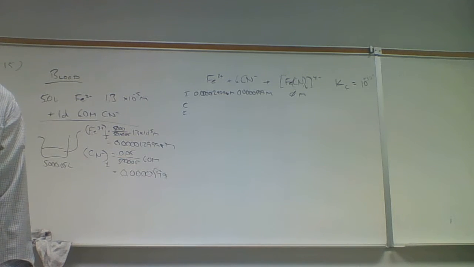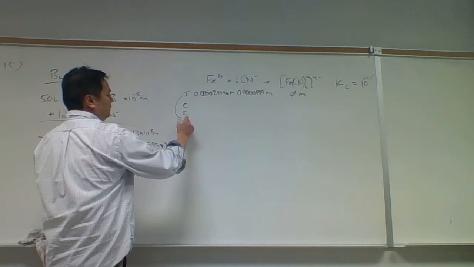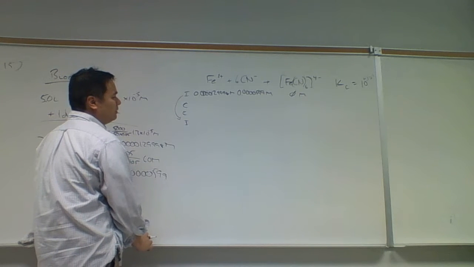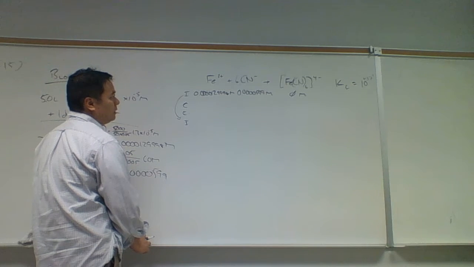But you should see this right away. We need to reset this. A lot of people, still by chapter 18, are still resisting this whole idea of reset. I find that every semester. What's the limiting reagent? The cyanide or the iron?